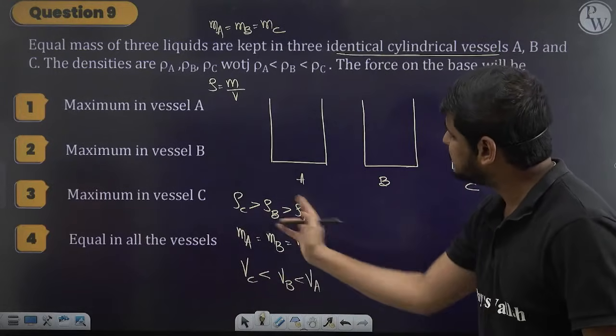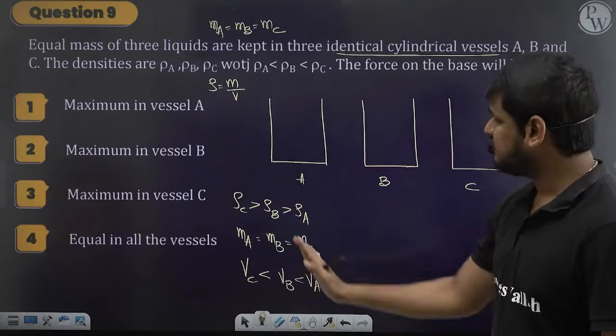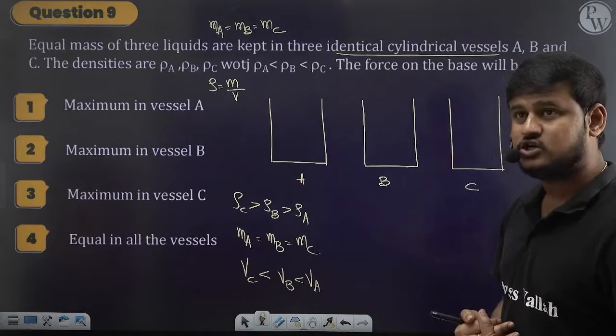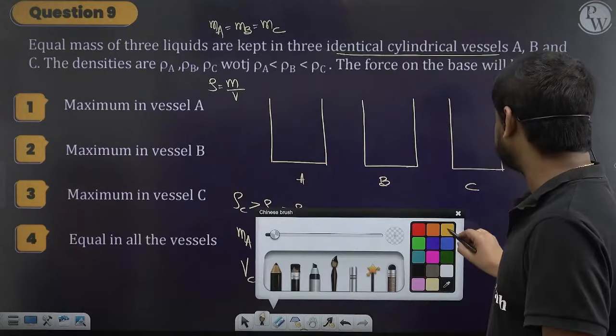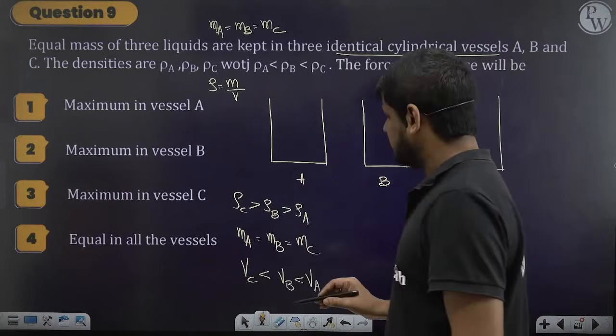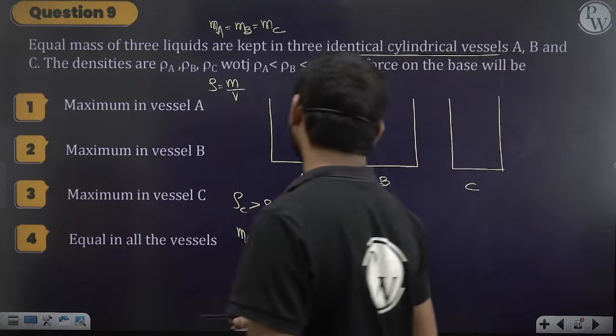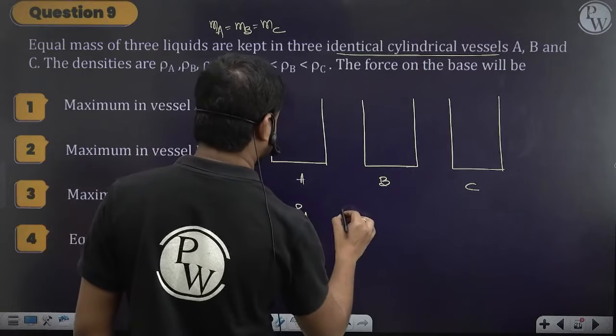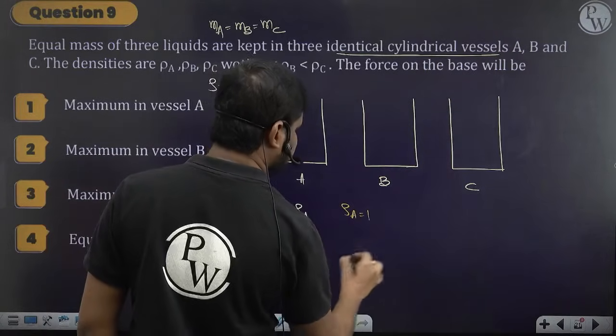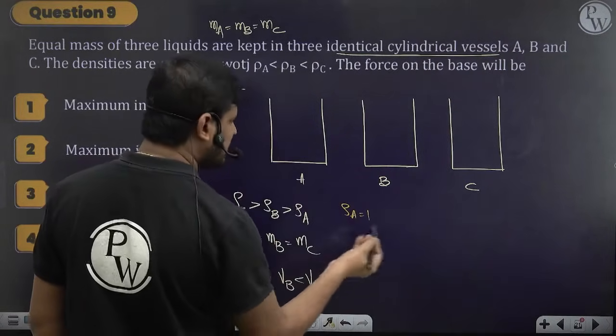Let's assume some values because different things are given. Volume is different, density is different, mass is the same, so we cannot simply judge. So let's go for the values. Let the density of A be 1 gram per centimeter cube or 1 kg per meter cube.